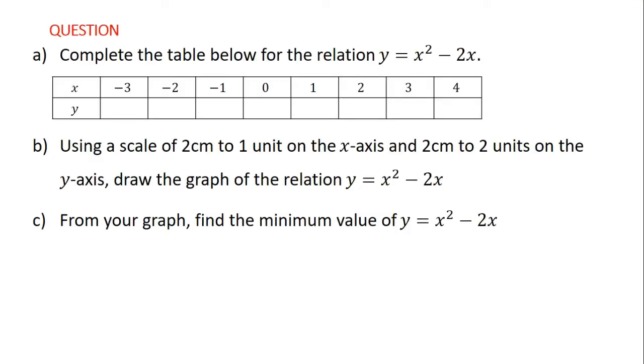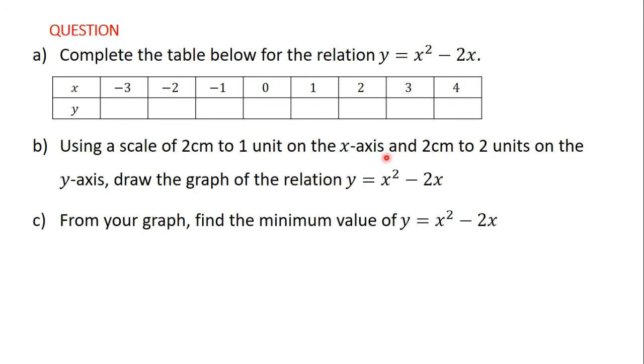The first question is, complete the table for the relation y is equal to x squared minus 2x. Then we use the points in the table to draw the graph of the relation y is equal to x squared minus 2x. C says that from your graph, find the minimum value of y is equal to x squared minus 2x.